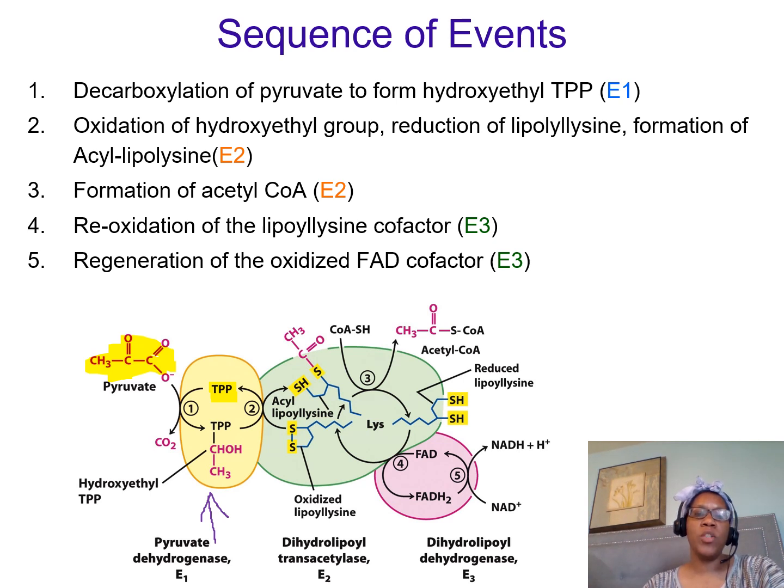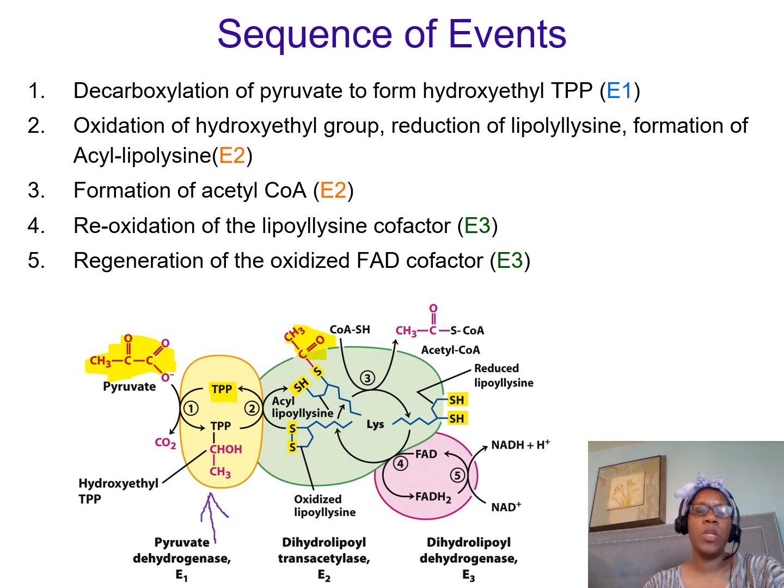Step 2 is a series of events. We have oxidation of the hydroxyethyl group. Then we have reduction of the lipoyllysine. So we'll see a structure of that. It's basically a lysine with some other modification to it, and it's going to attach to that lipoyl lysine, that modified lysine. So we're going to form our acyl lipoyllysine.